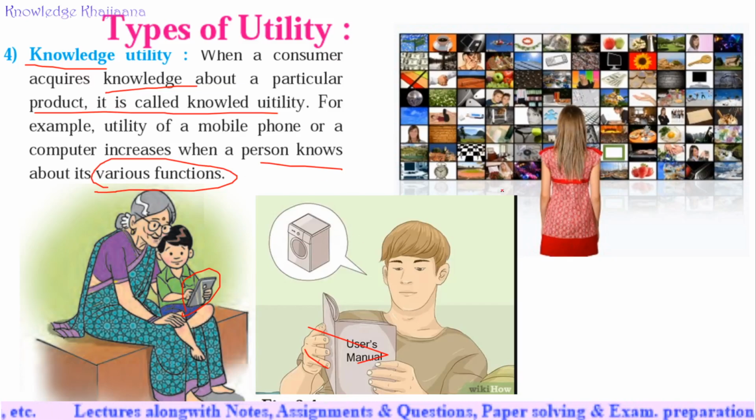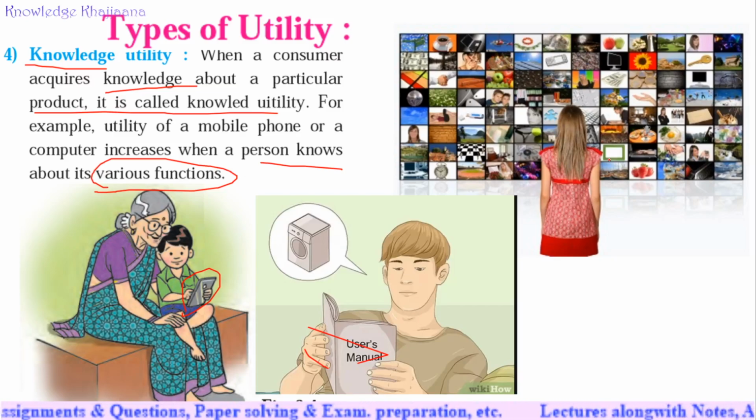Another example is the different advertisements shown on TV to give us knowledge and make us aware. For example, the advertisement of Jago Grahak Jago, which is shown on TV, makes us aware by giving us the knowledge that we can also bargain for the price, even in the malls.